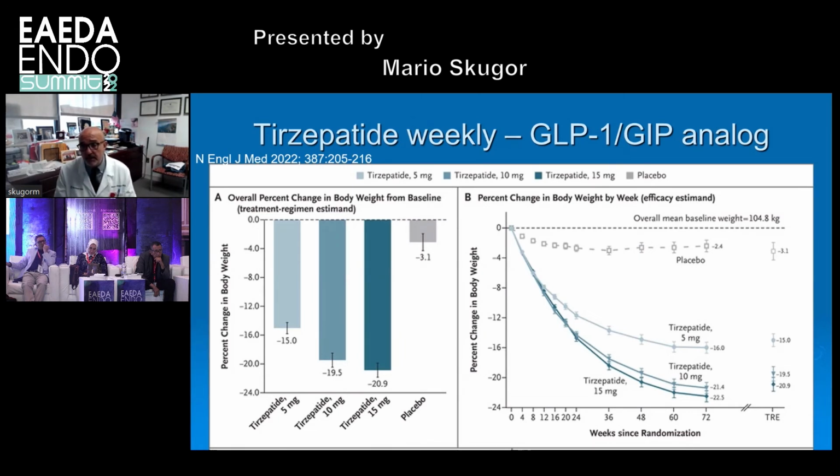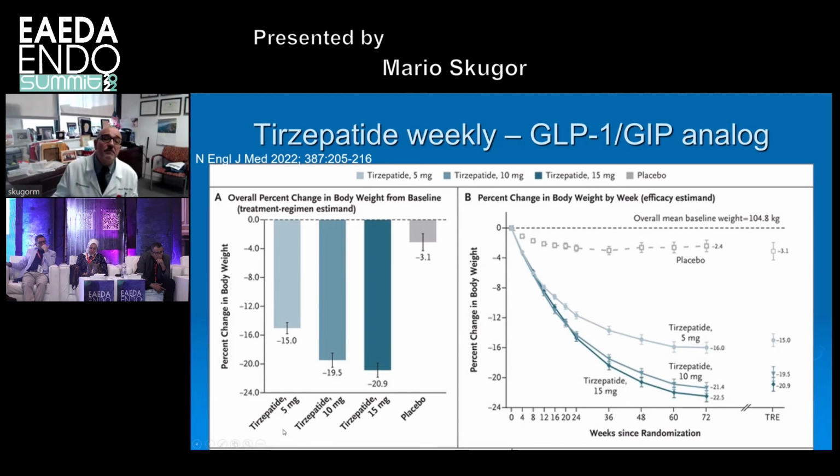It is developed as a single molecule, but a two-receptor agonist. It is an agonist on the GLP-1 receptor, glucagon-like peptide 1, and GIP, glucose-dependent insulinotropic peptide. So it's a double analog, and it's the first and only one on the market at this time.